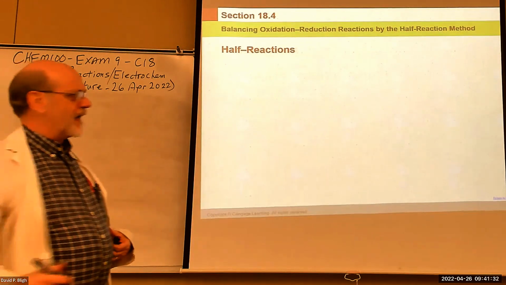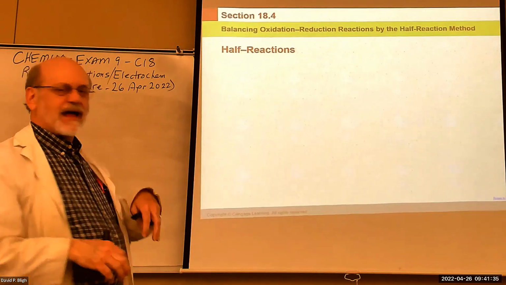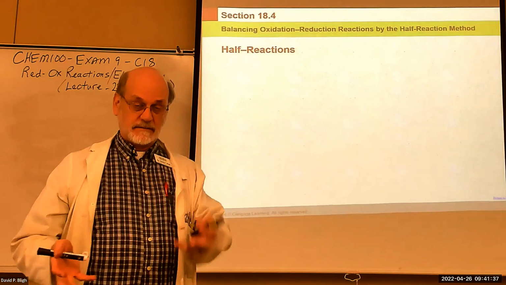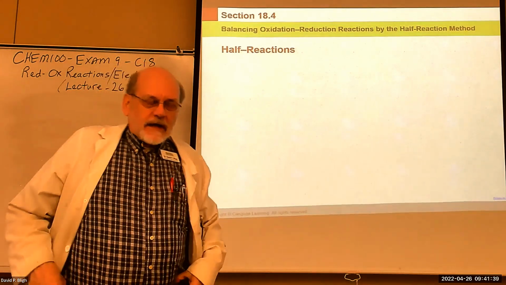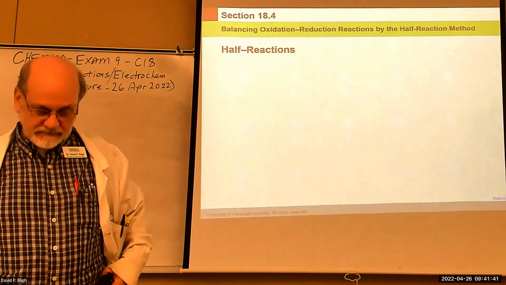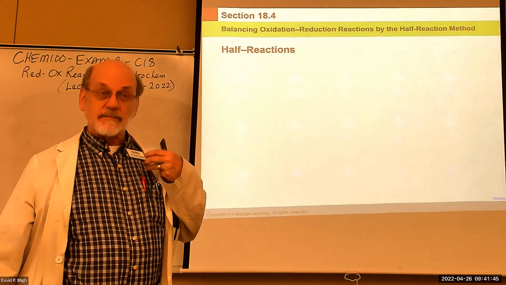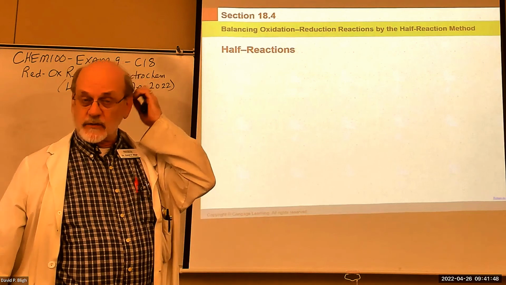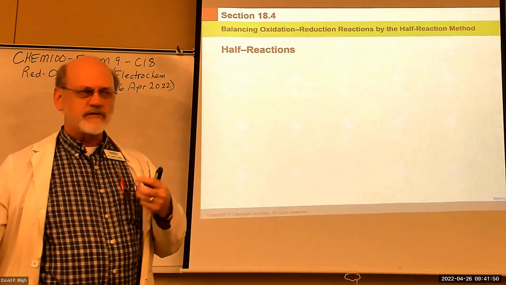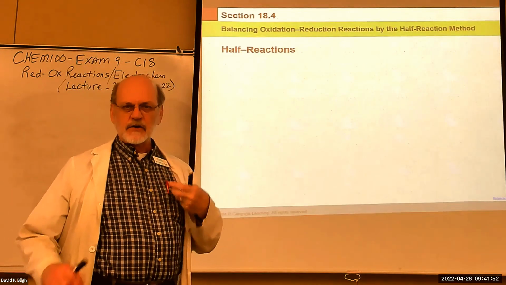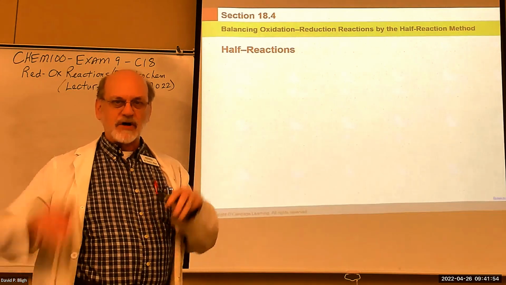All right, now we're going to look at how do you balance a redox reaction. If you're given the reactants and the products, then what's the best way to balance a redox reaction? Up to now, we just balanced using molecular methods in my budgeting scheme.